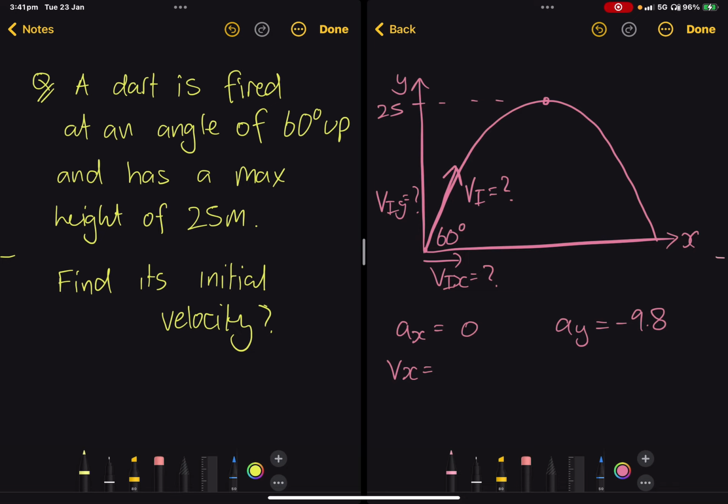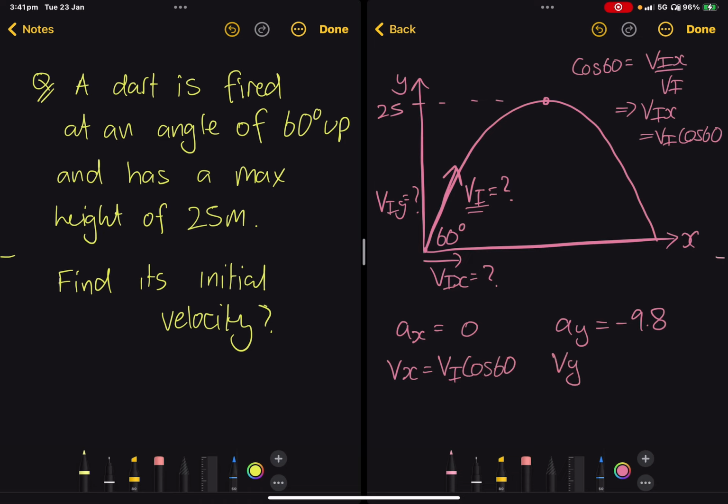Now we don't know what this is, but we can find it as a function of the initial velocity by using the cosine rule from SOHCAHTOA. Cosine 60 is the initial velocity in x over the initial velocity. This means velocity initial in x is initial velocity times cosine 60. So velocity in x is going to be whatever the initial velocity is times cosine of 60.